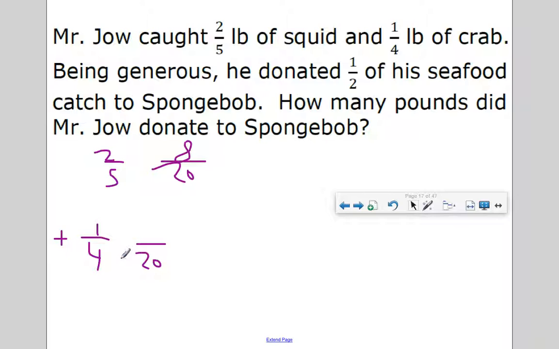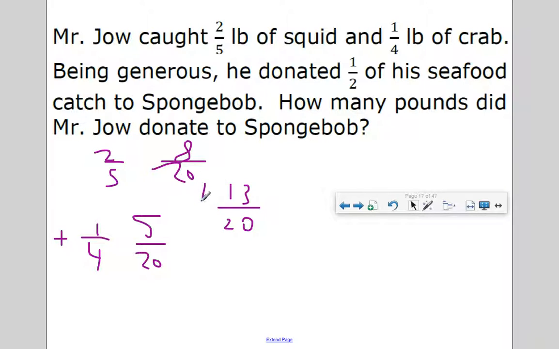How can I rename 1/4? Multiply by 5. 1/4 is equivalent to 2/8, 3/12, 4/16, and 5/20. So if you add it up, it's 13/20. So I caught 13/20 pounds of squid and crab.